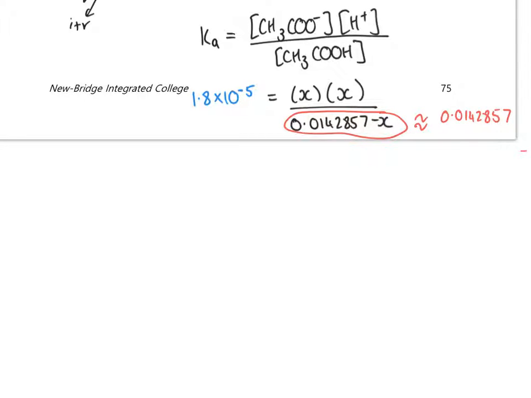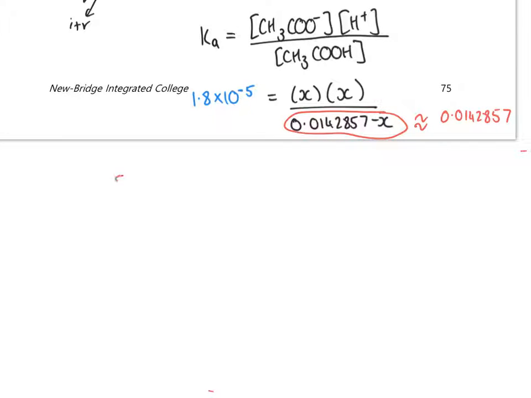Because so little of the acid is going to dissociate, we can assume that it's equal to the original concentration of ethanoic acid. We know that's not totally accurate, but it makes this calculation a lot simpler.